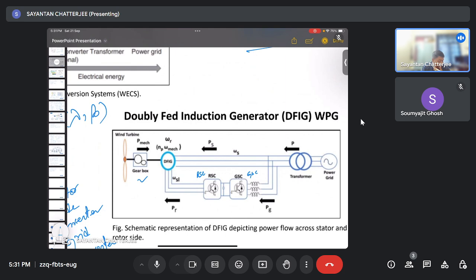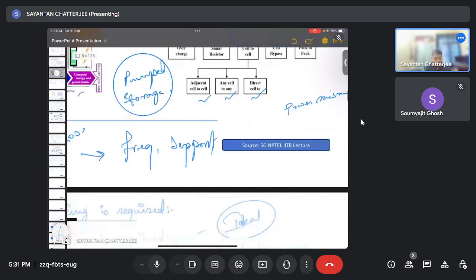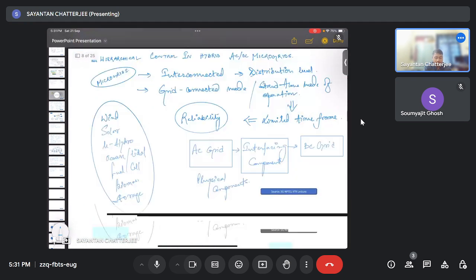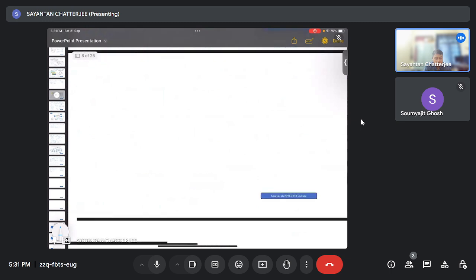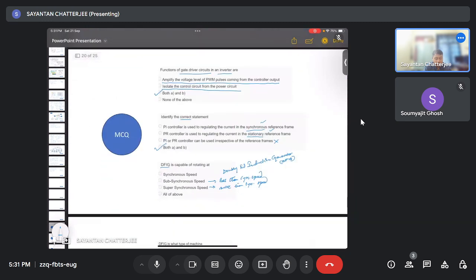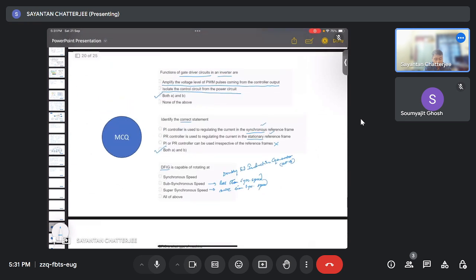Initially it takes power from the grid. After it reaches the subsynchronous speed, it takes power from the grid so as to elevate the reactive power. So in this way, it can operate in all the modes. It can operate as synchronous, subsynchronous, supersynchronous, all three.